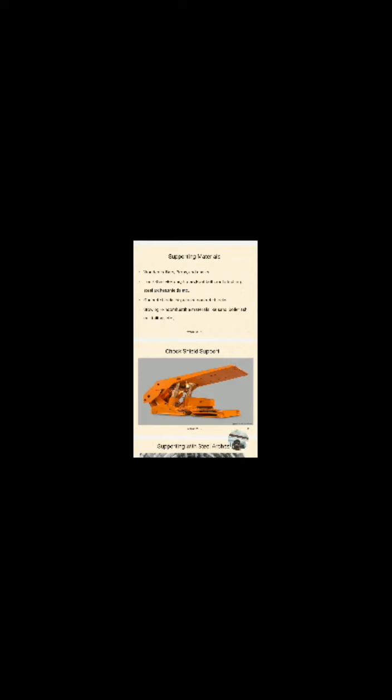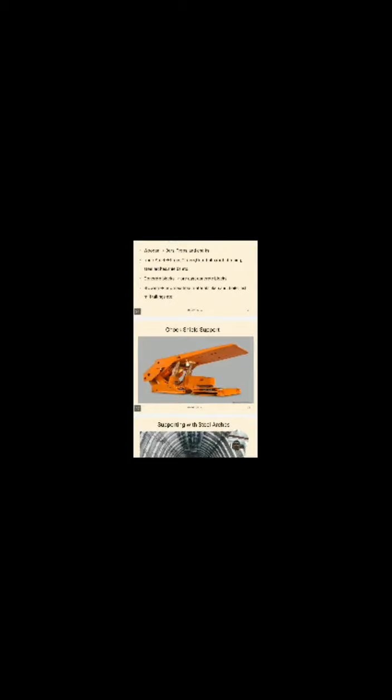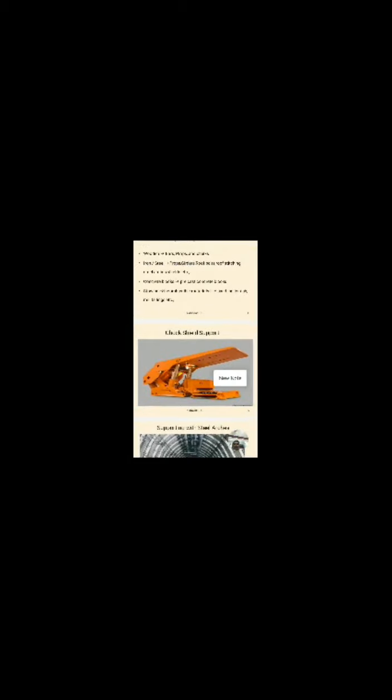The bottom portion behind the canopy is the AFC, armoured face conveyor. This is what we call the chock shield support.